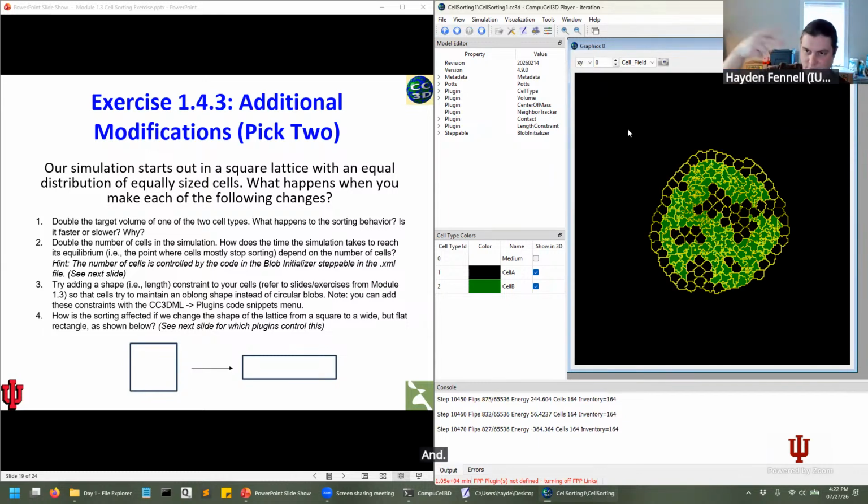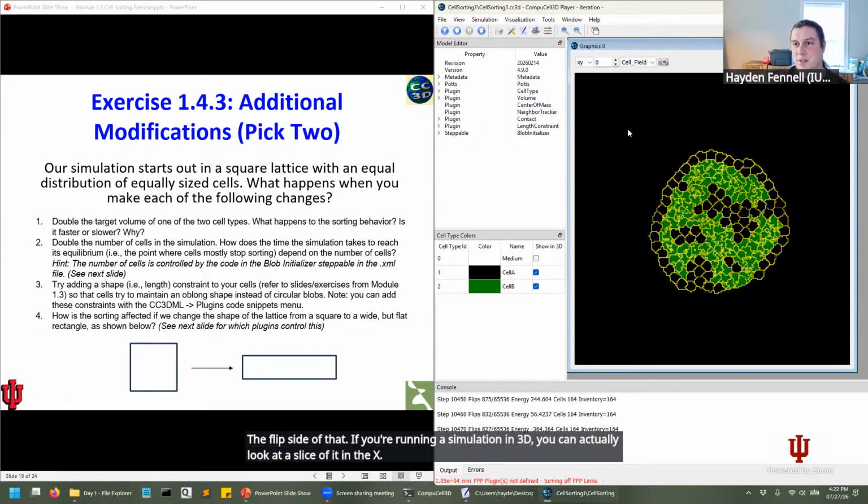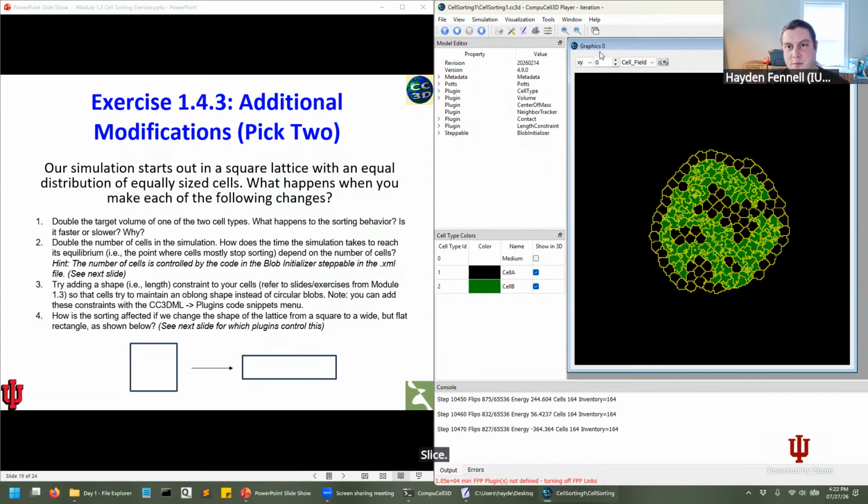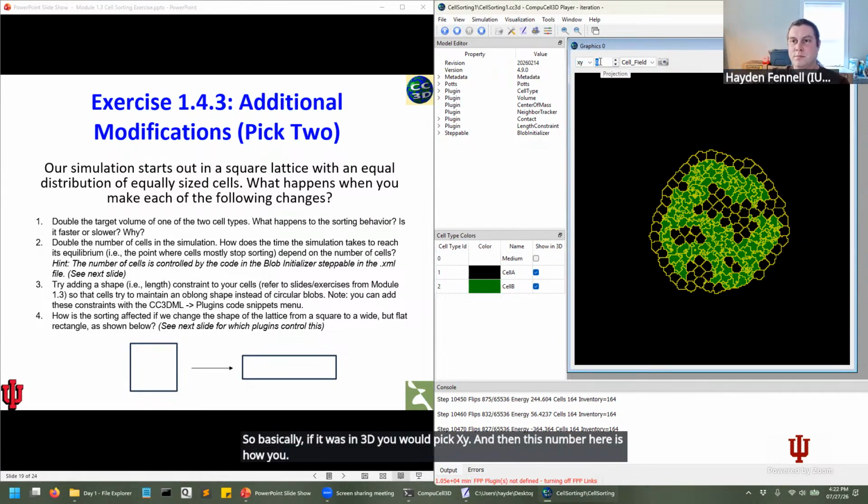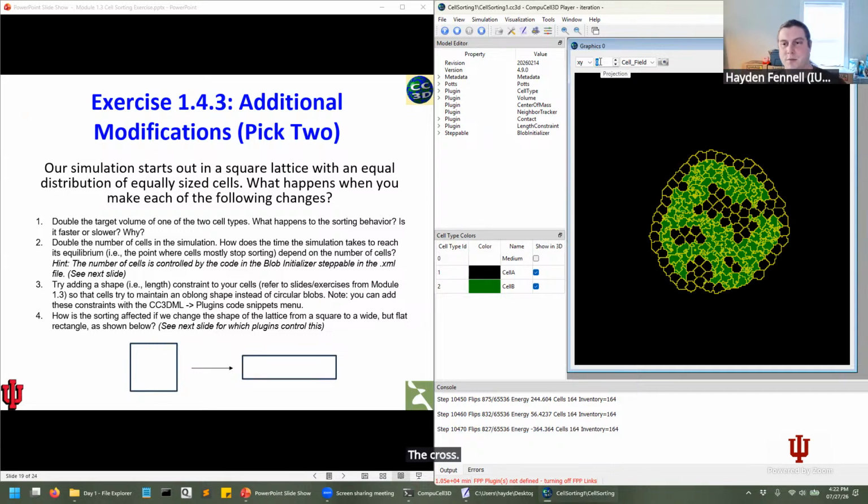On the flip side, if you're running a simulation in 3D, you can look at a slice of it in the XY plane, and you can specify which slice. So you would pick XY, and then this number here is how you would move through the cross sections. You can have something running in 3D and then only look at a 1 pixel slice of the mass.